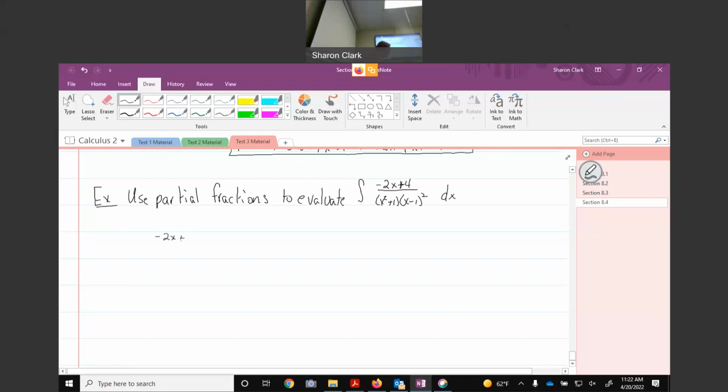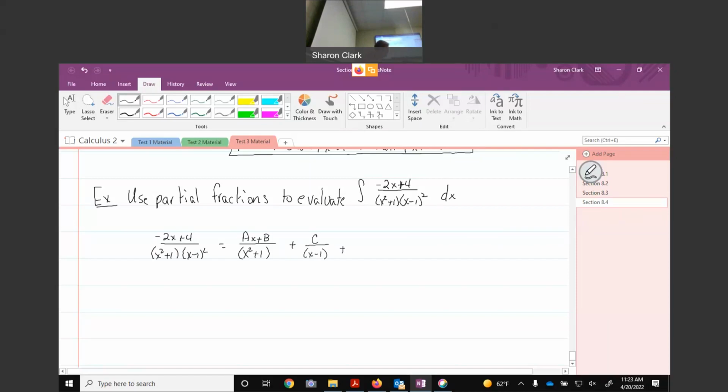-2x plus 4 over x squared plus 1 times x minus 1 squared. That's going to be ax plus b over x squared plus 1, because that's a quadratic, and we have to have the linear factor above because it might be. It may not be, it may be. Okay, well, you lucked out.